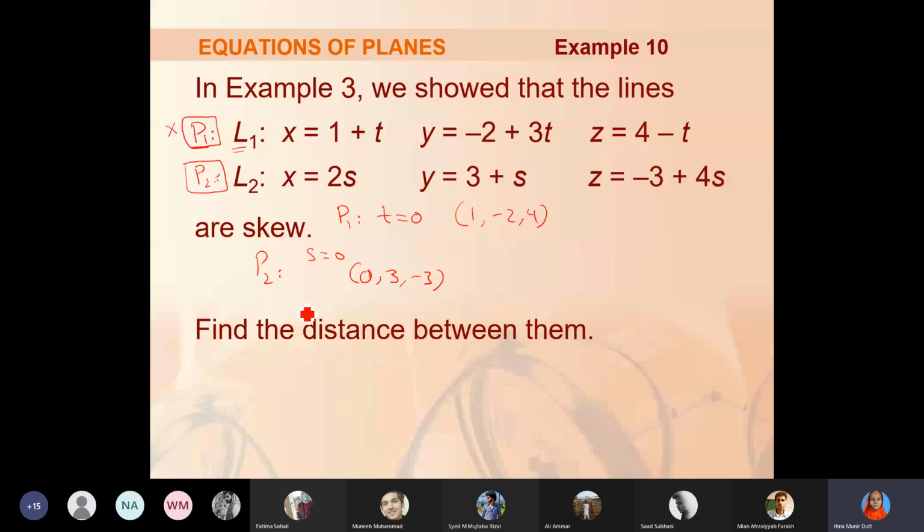This is any point on the plane P2, and what would be the normal vector? How to find the normal vector?